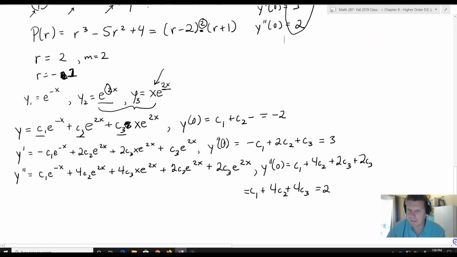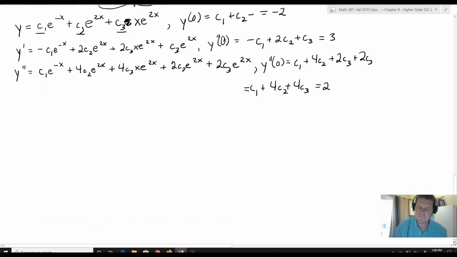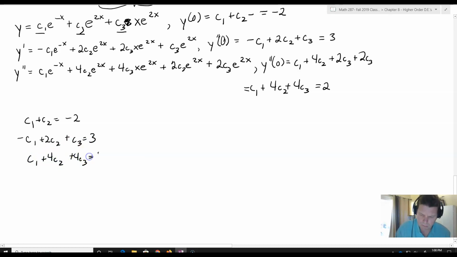So now let's set up the system of equations so we can solve. This is c1 plus c2 equals -2, negative c1 plus 2c2 plus c3 equals 3, c1 plus 4c2 plus 4c3 equals 2.